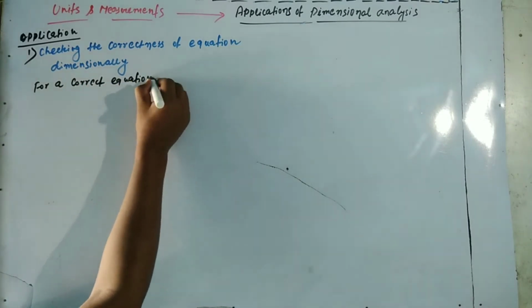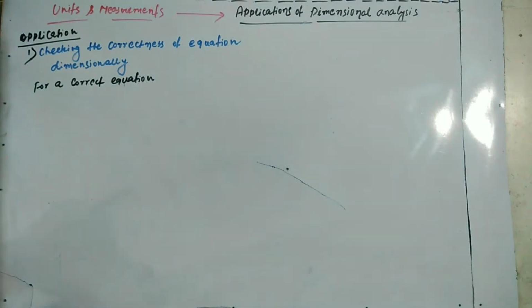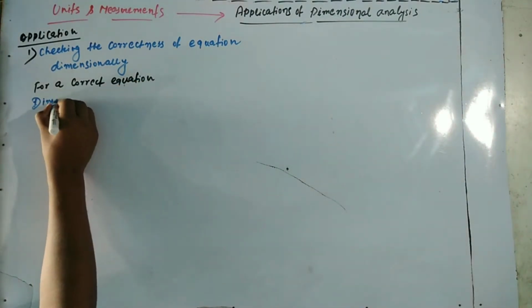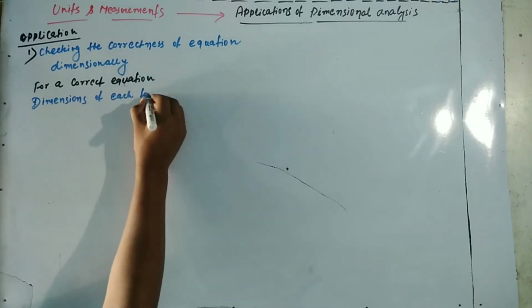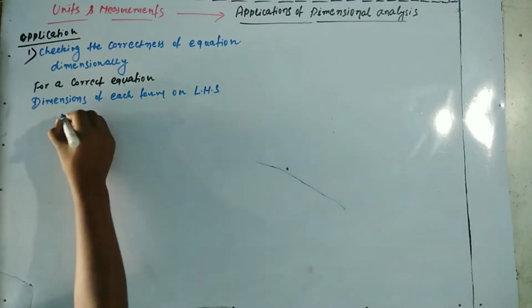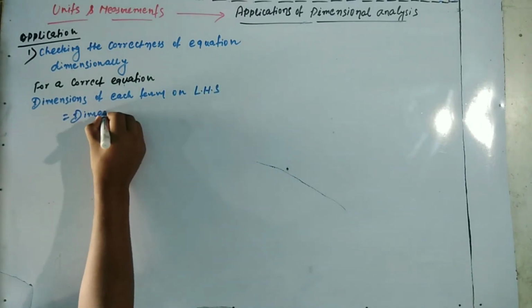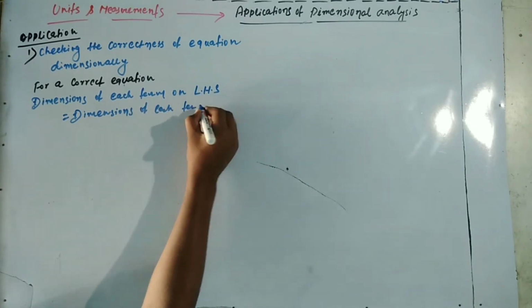For a correct equation, the dimensions of each term on the LHS (left hand side) are equal to the dimensions of each term on the RHS (right hand side).